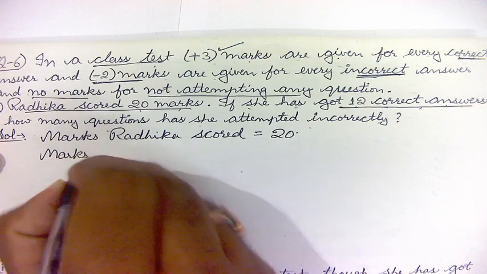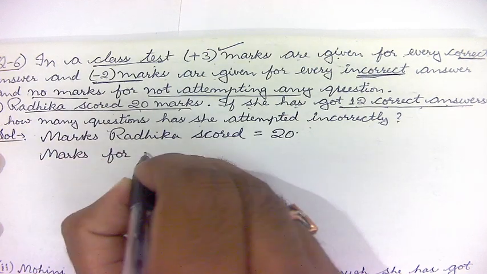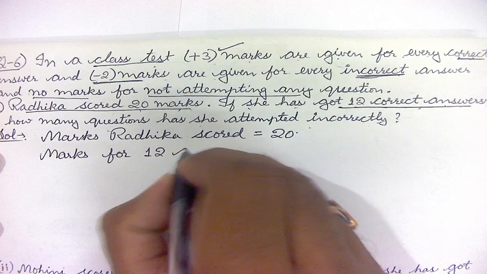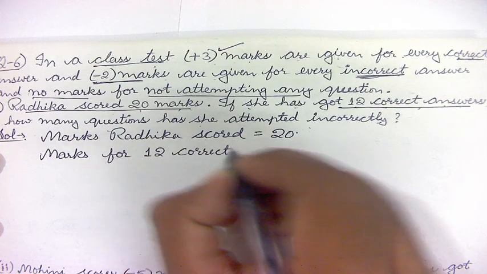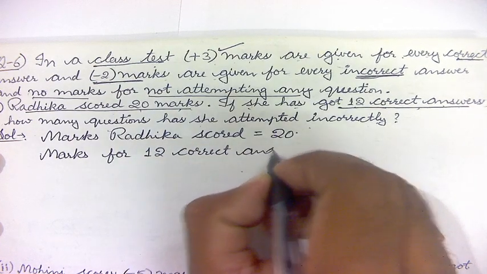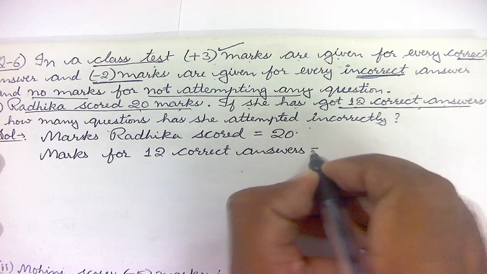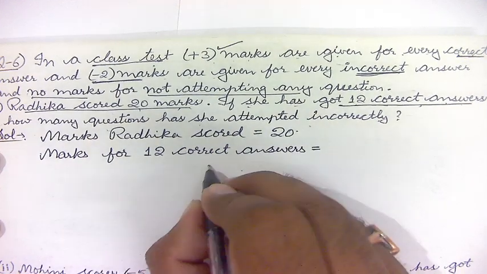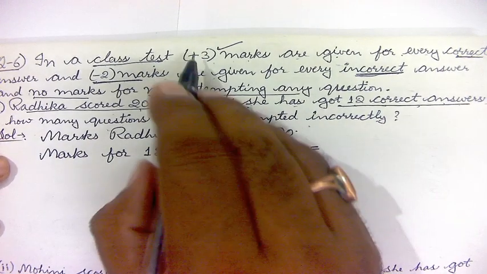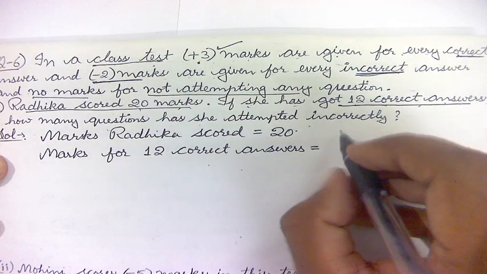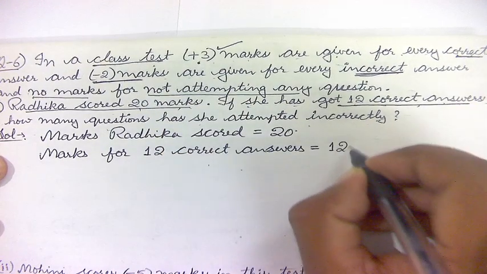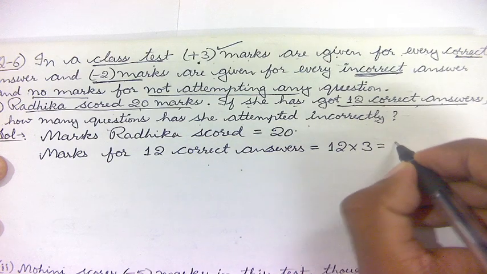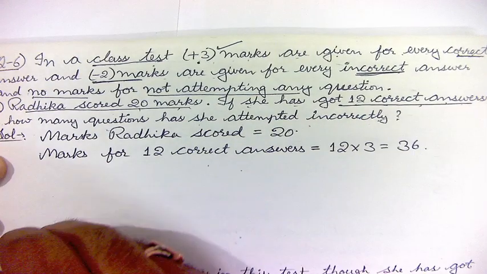So what is the marks for 12 correct answers? Now if she is getting 12 correct answers, how many marks she will get? For one correct answer it is +3. So for 12 correct answers it will be 12 multiplied by 3, 36 marks.